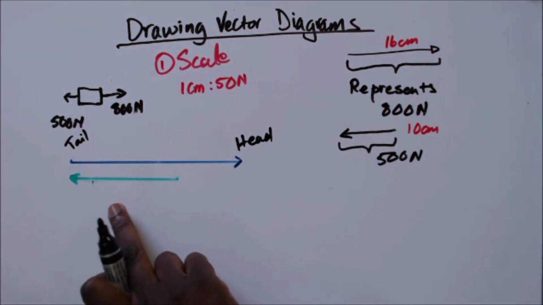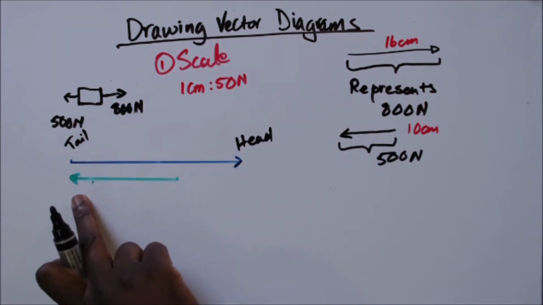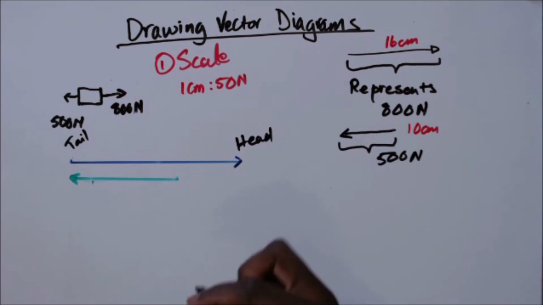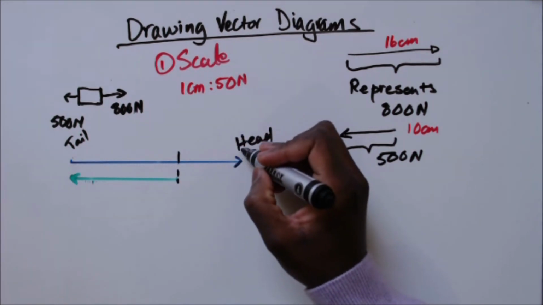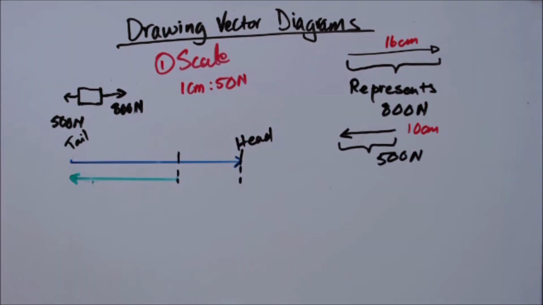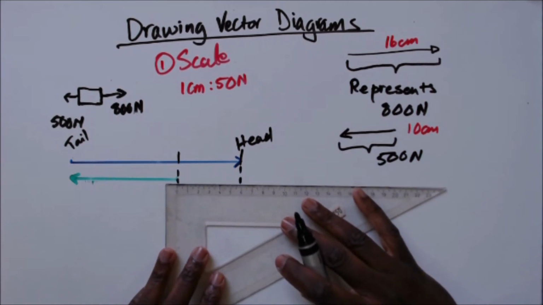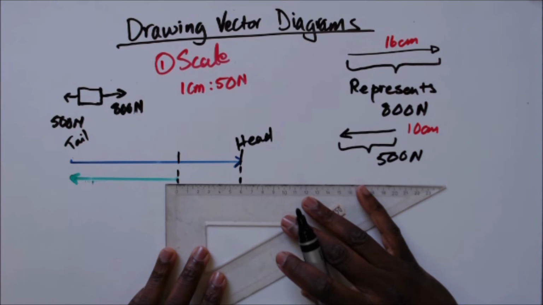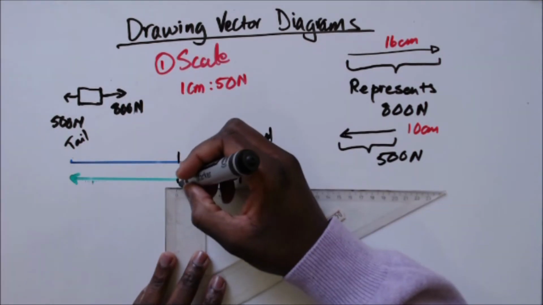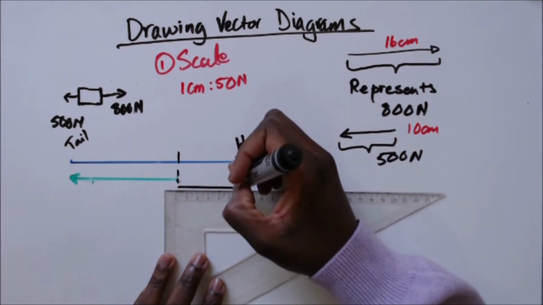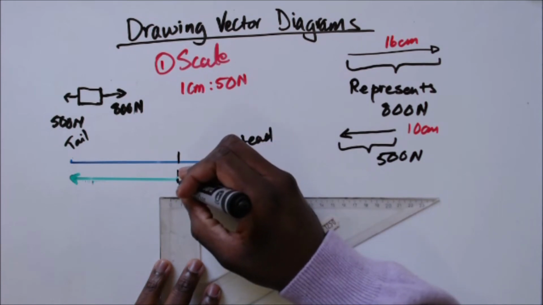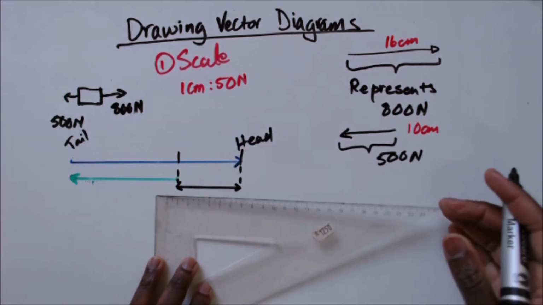And so I put the tail of this force together with the head of the other one, and then I see that the difference here is a length which I can measure. So I can simply put my ruler down and I measure that, and I see that that length is 6 centimeters.